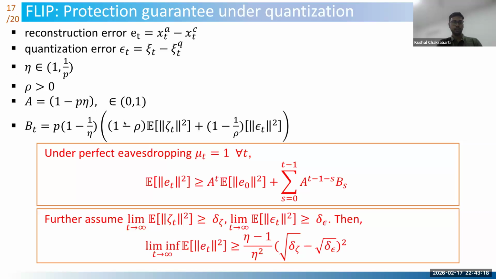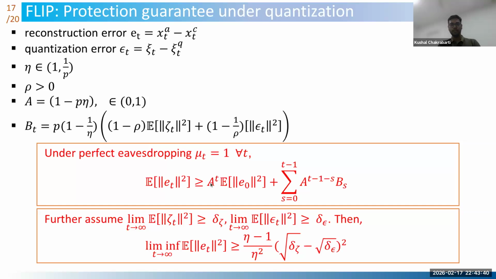If you look at the perfect eavesdropping scenario, where the adversary is able to eavesdrop with probability 1 at every time, then we have obtained this lower bound on the amount of protection. The first expression is for any time t.